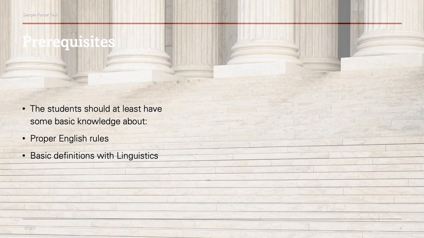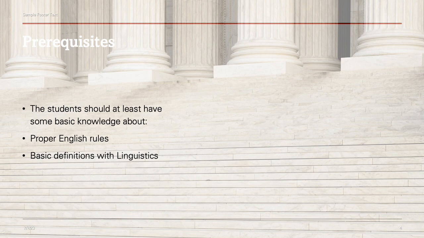For the prerequisites required for this field, since this course is destined for licensed students, I mean undergraduate students, there is just some basic knowledge about English. Students must know how to read and write in English.